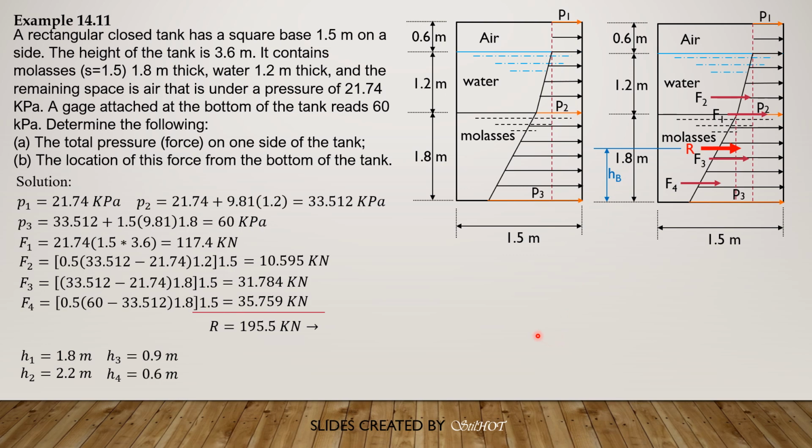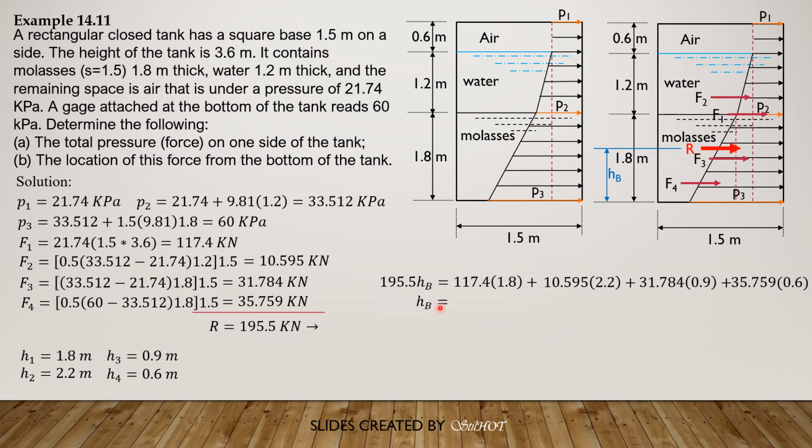Let's apply Varignon's theorem here to locate R. 195.5 times HB equals F1 times 1.8 plus F2, 10.595 times 2.2, plus F3, 31.784 times 0.9, plus F4, 35.759 times 0.6.